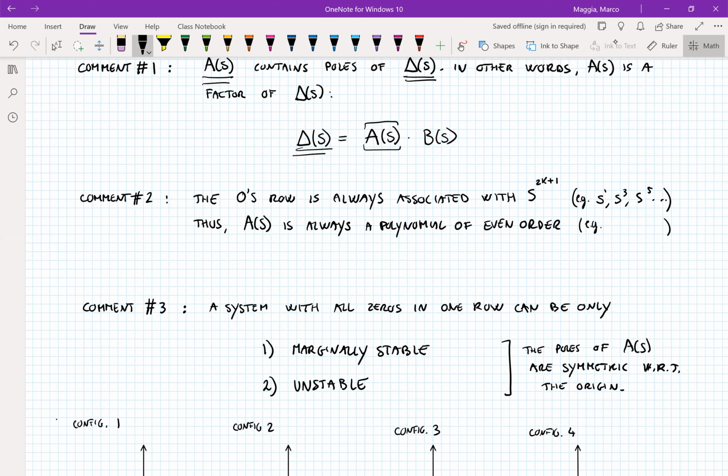And so the auxiliary polynomial is always a polynomial of even order, because it's reduced by one once you go up from the row of zeros. If this is, let's say, s to the power of 3, you're considering s to the power of 2. So it's always an even order. It can be 2, 4, 6, 8, and so on and so forth.